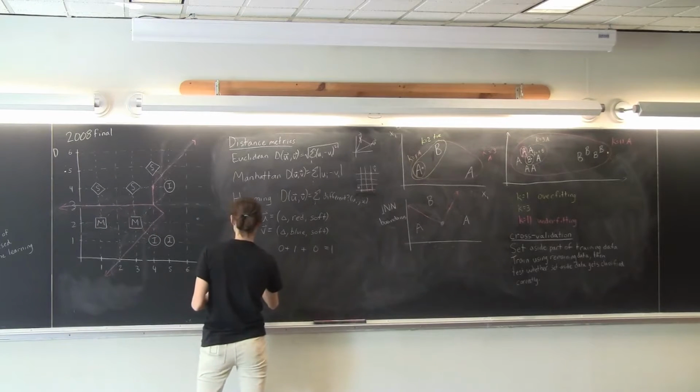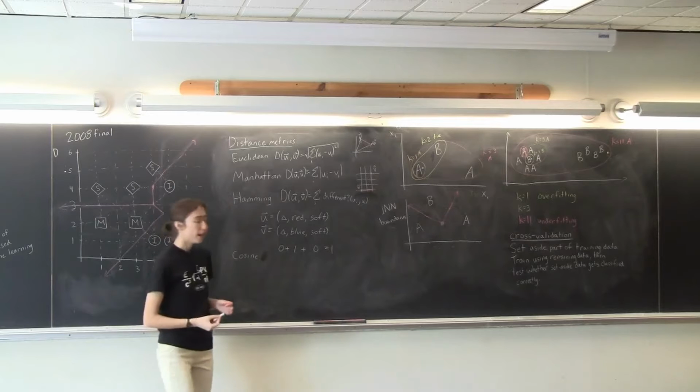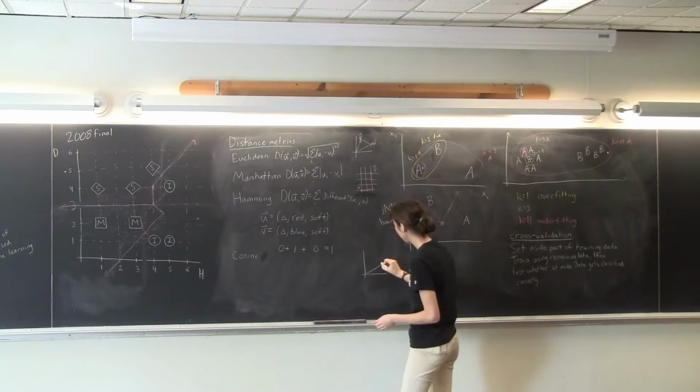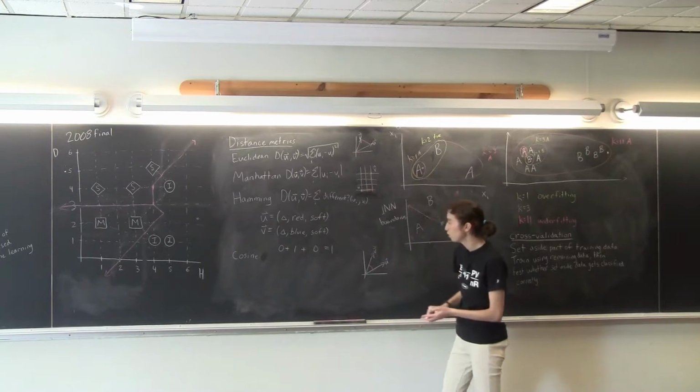And then finally we have cosine distance, which is going to look at the angle between 2 points. So for example, if we have some vector u and some vector v, it'll look at this angle.